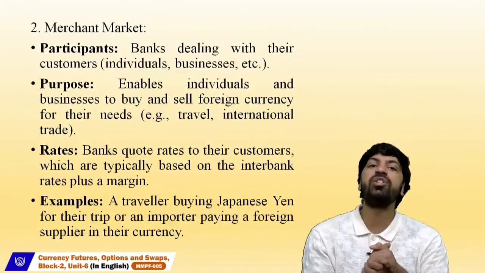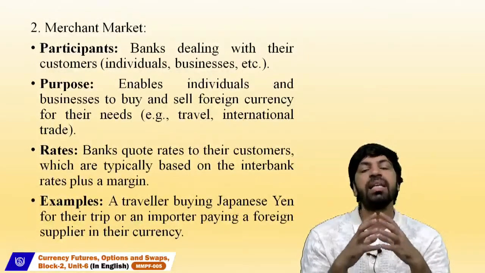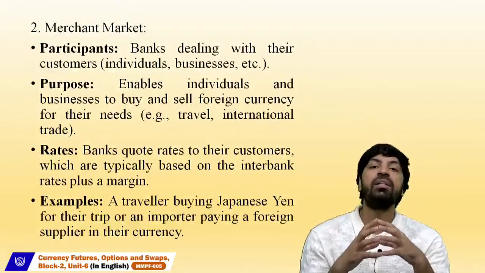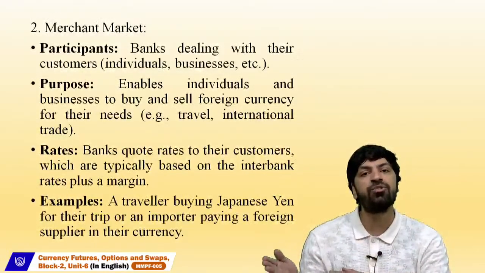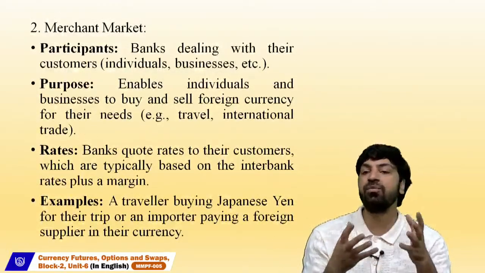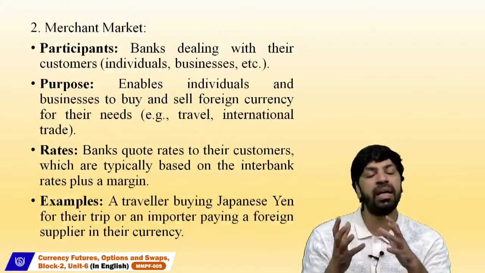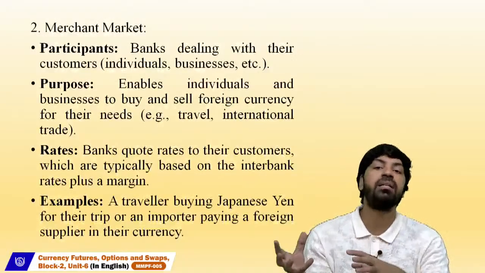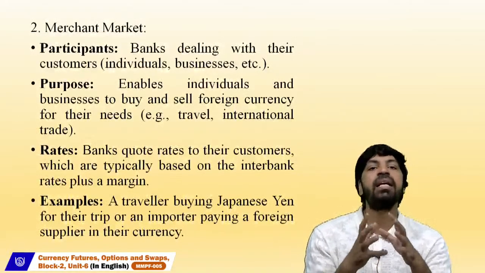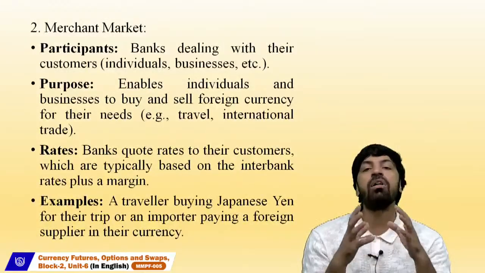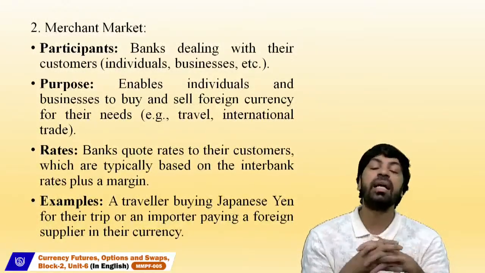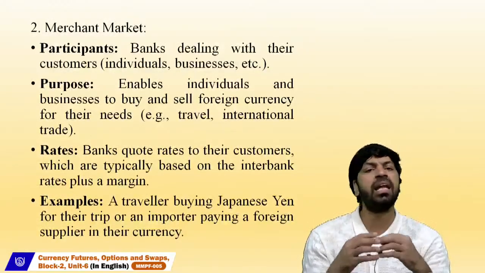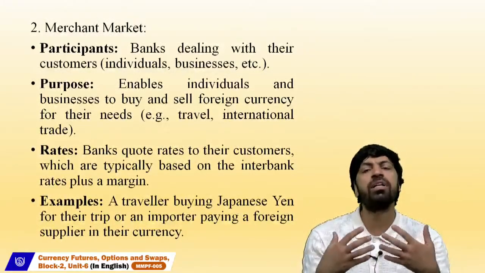Next is the merchant market. The second market is the merchant market, where the banks deal with their customers, individuals or businesses or any other participants. Next is the purpose. It enables individuals and businessmen to buy and sell foreign currencies for their own needs.